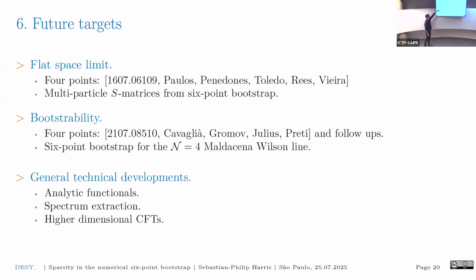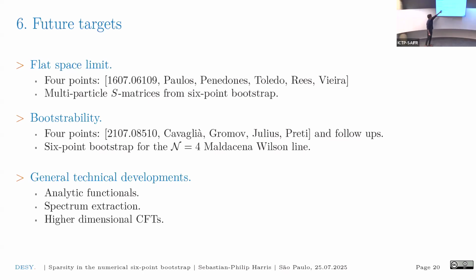And here I just listed two example applications that might be interesting to study in the future, which essentially could be studied with the techniques that are already there, perhaps with some minor improvements, such as for this example, we'd have to think about how to include supersymmetry and so on.